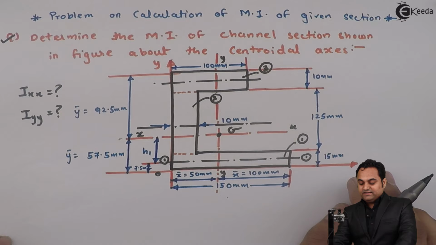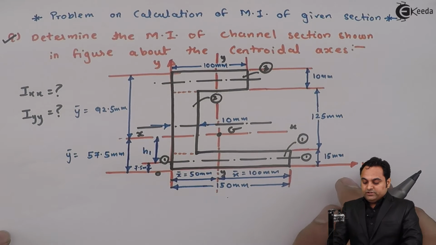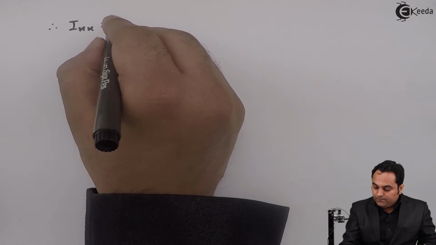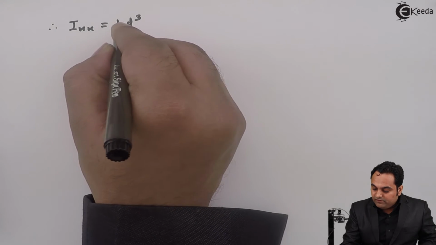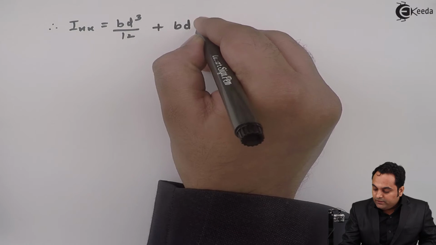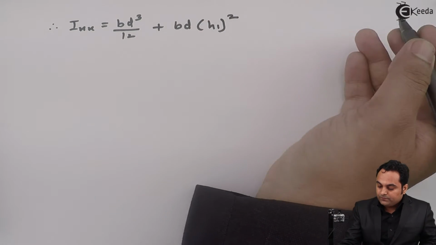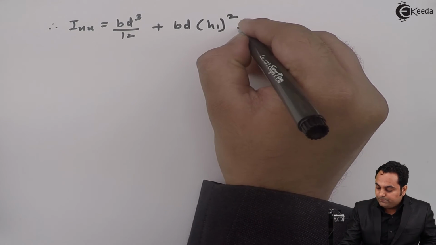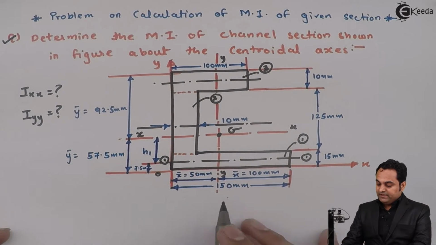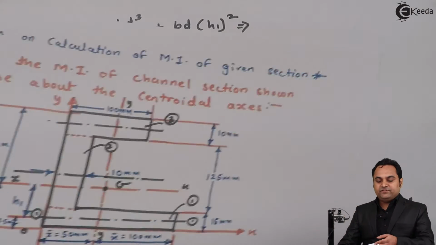About this 1-1 axis, the moment of inertia would be called Ig1. So Ig1 is equal to BD cube by 12 plus area 1, which is B into D, into h1 square. For the first rectangle, B is 150 and D is 15.